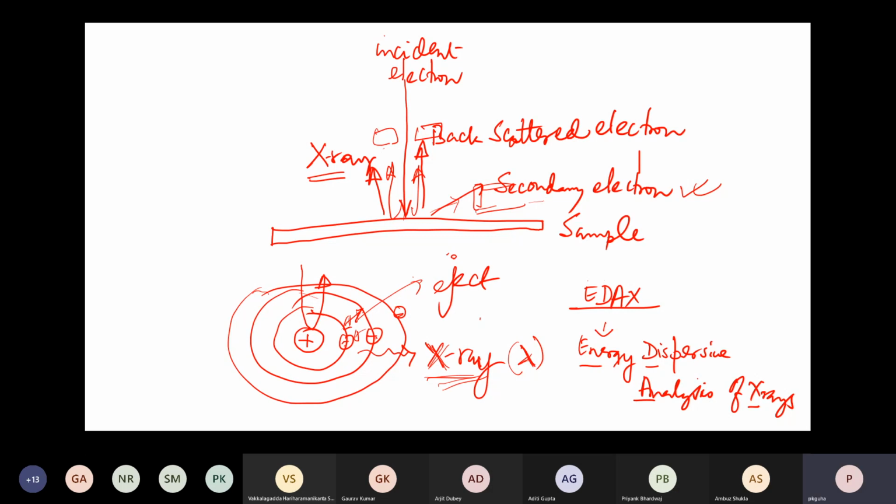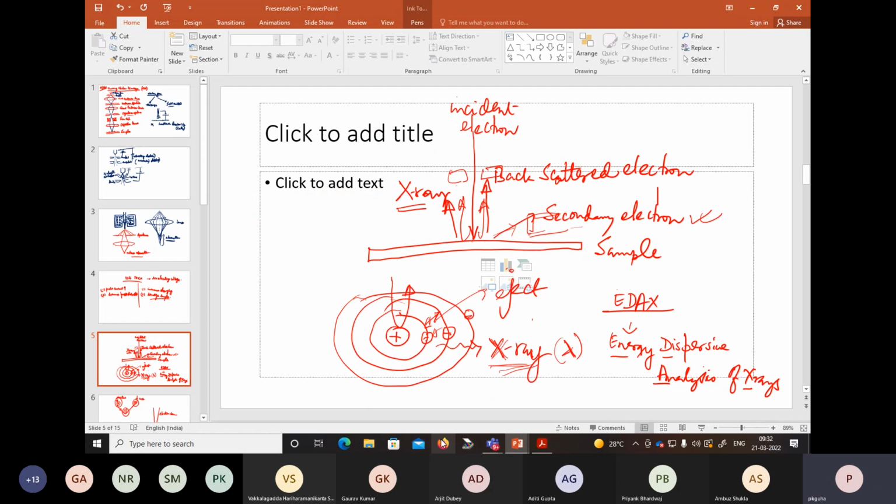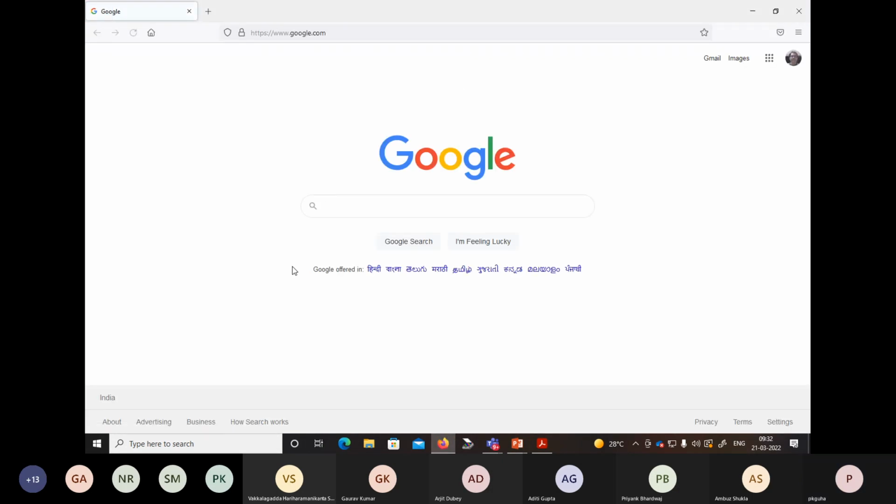Now, how do you see the image? I can show you on the net. I have shown you some SEM images before, but let's just Google it.